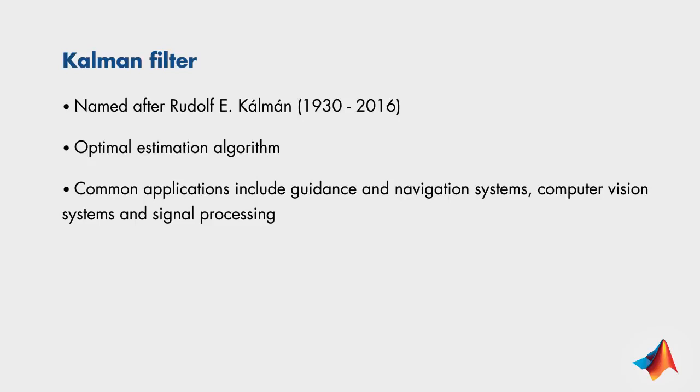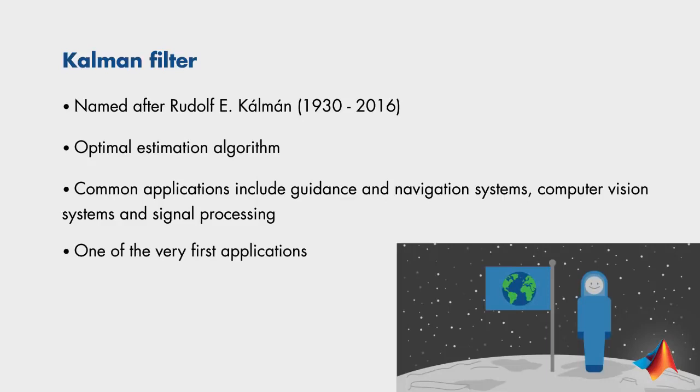One of the first applications of Kalman filters was in the 1960s. Do you have any guesses as to what it helped with? Engineers used it in the Apollo project, where the Kalman filter was used to estimate trajectories of the manned spacecraft to the moon and back.